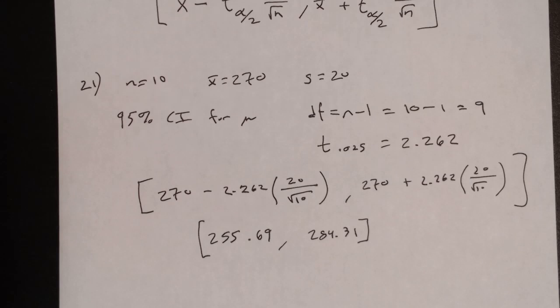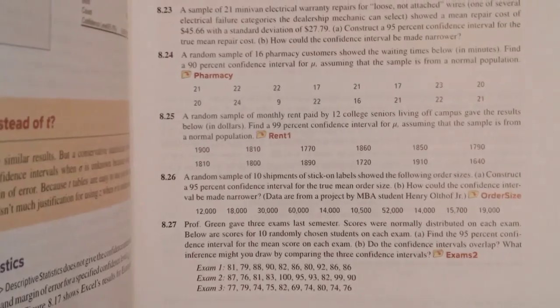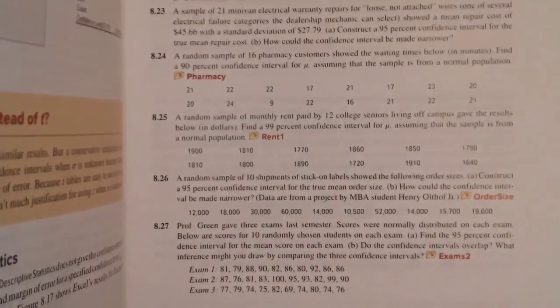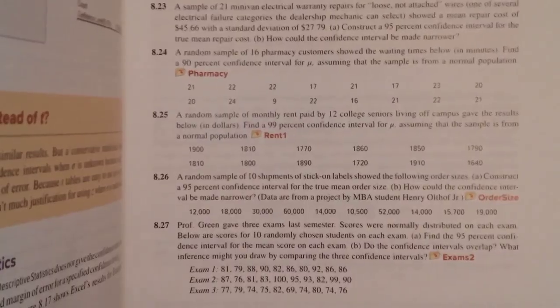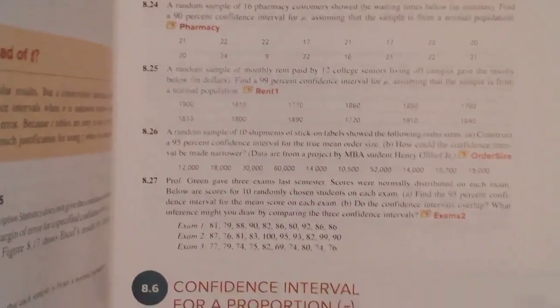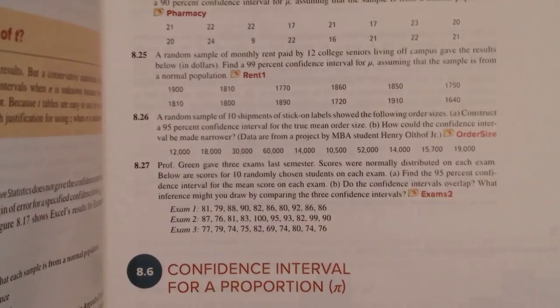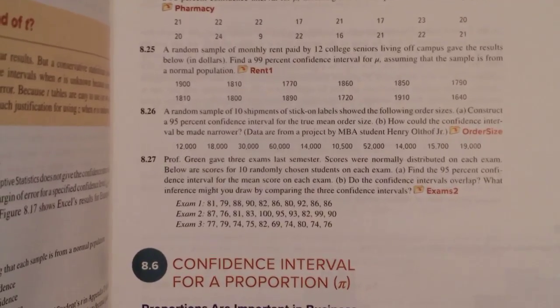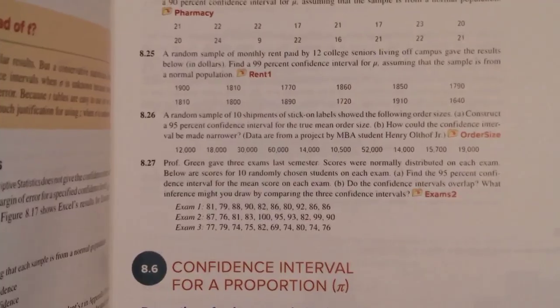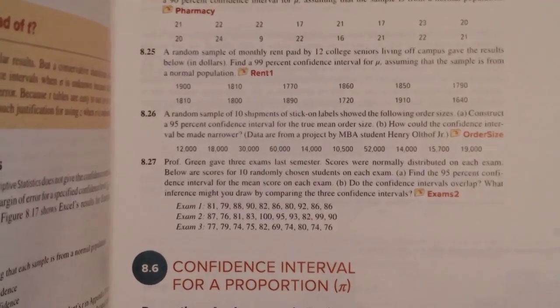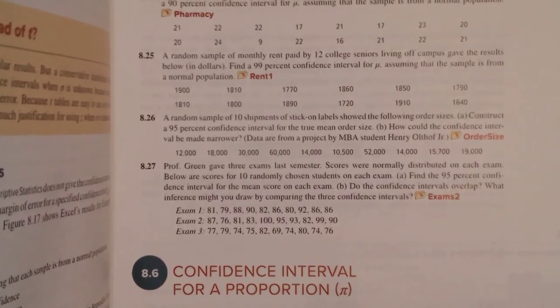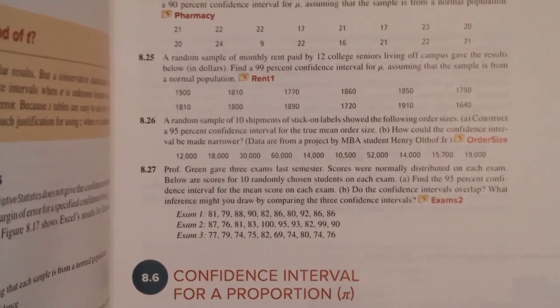On our Canvas page, there are a list of sample problems. Both 25 and 27 on page 291 are given data files. So 25 gives me rents paid by 12 people living off campus, and then I want to know what's the average rent. And 27 says I'm looking at exam scores for 3 different exams in the same course, and I want to know what the confidence intervals are there.